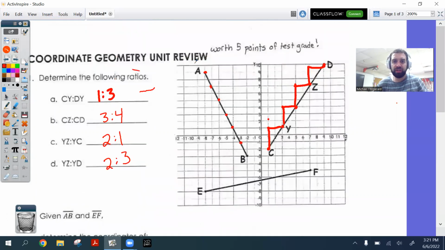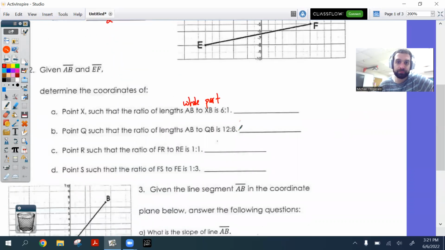We know this is the entire thing right here. So let's see, we have 1, 2, 3, 4, 5, 6 units. Oh, that's convenient, isn't it? So just one of these units will be where X is. Just like that.